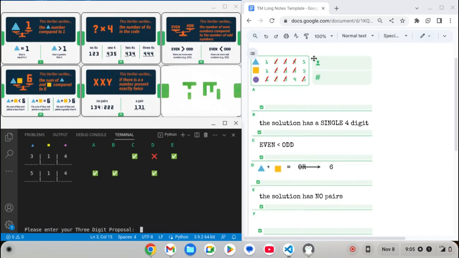Okay, so we picked correctly. 5 is greater than 1, so that must be true. So let's go ahead and type that up in our notes, and say that triangle is greater than 1. So that means that triangle cannot be a 1.